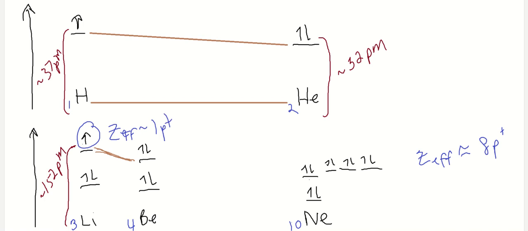So you can see why neon is so much smaller, because these 2 electrons are shielding, but there are 8 more protons that they're not shielding. The atomic radius for a neon atom is about 69 picometers. It's much smaller. So there's the trend.